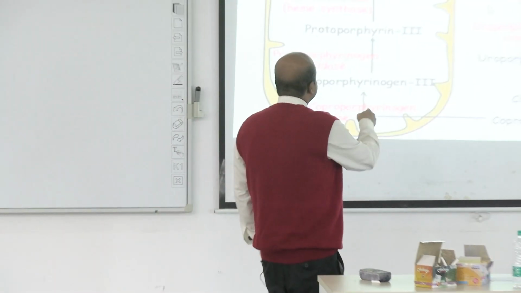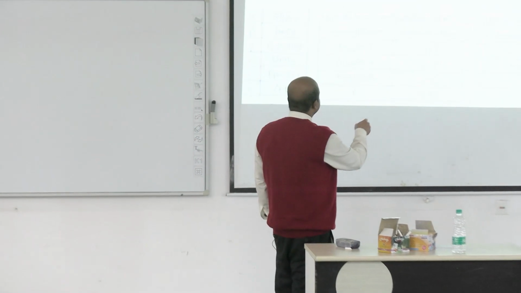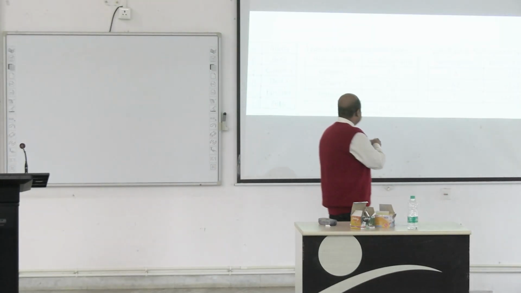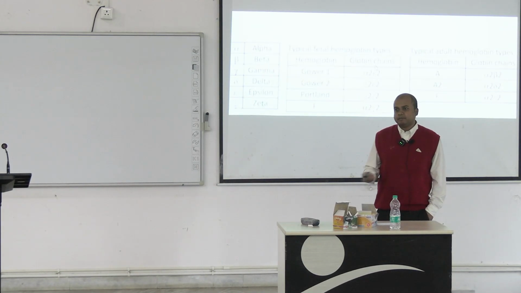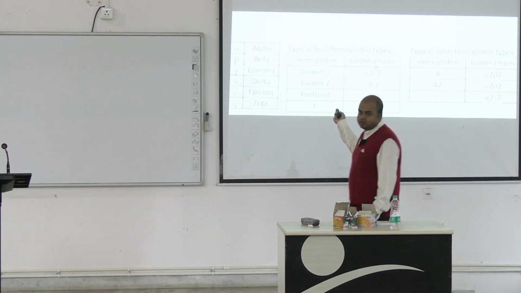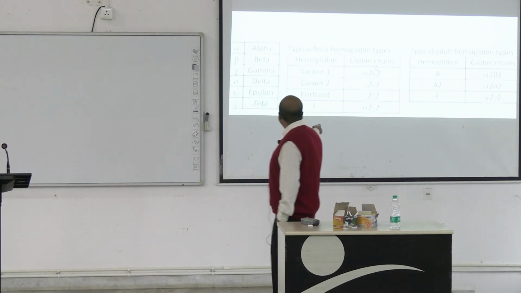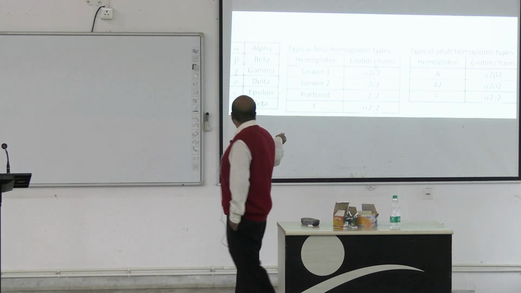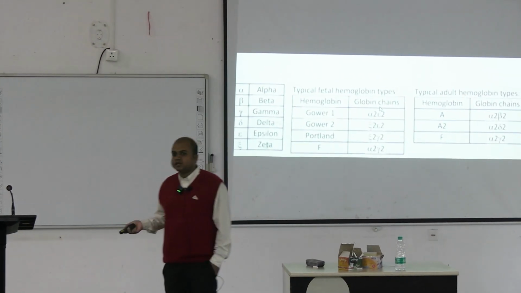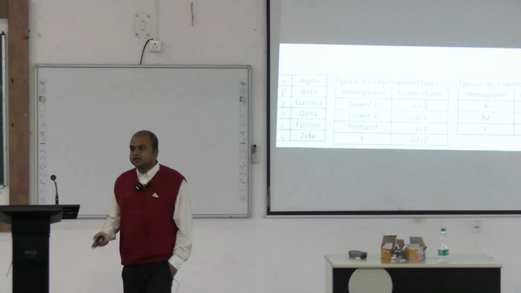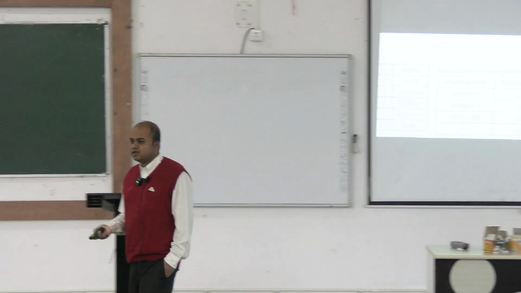So, these are again important, I think, from a historical point of view, and maybe some MCQs mention these. Gower 1, Gower 2. We told before, 3 months. See, there is a Gower 2 type, epsilon 2 and zeta 2, two chains: epsilon 2, zeta 2. And where do the names Gower and Portland come from?